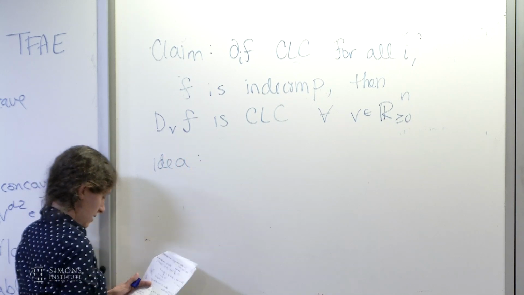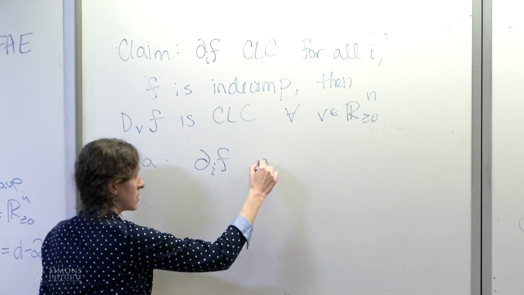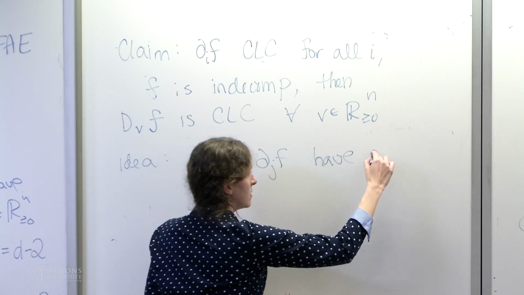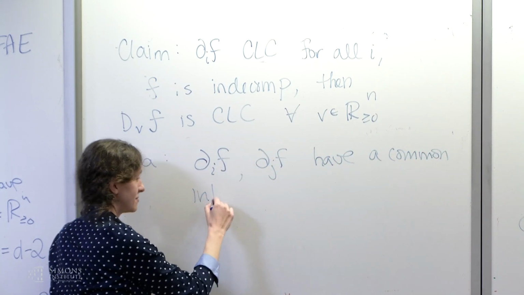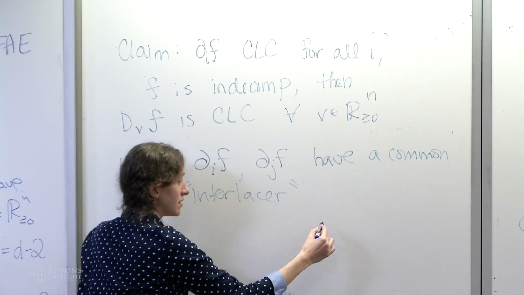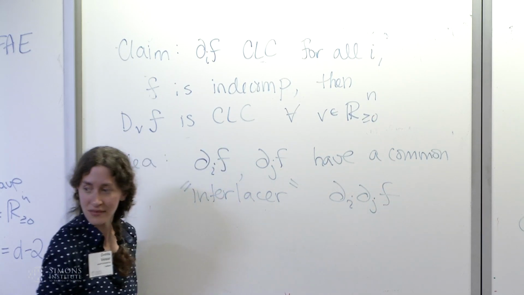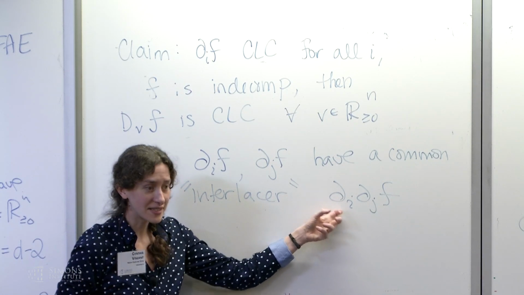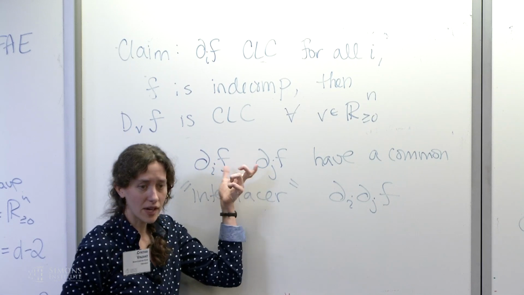And again, the idea is that derivatives have a natural common interlacer. Namely, you take the derivative with respect to both of them. And so long as this is non-zero, this is going to allow you to take sort of non-negative combinations of these.